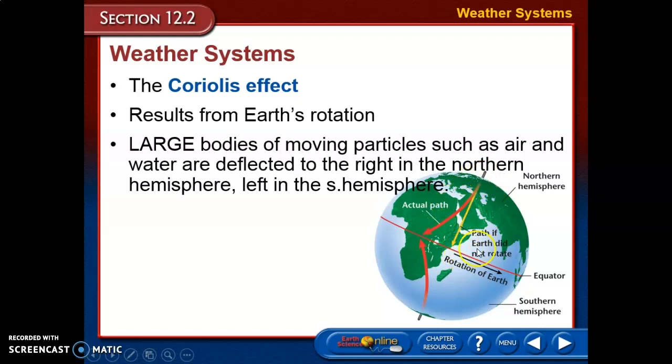Rise again, sink, come back to warmer areas. But it doesn't go nice and neat straight up and down because the atmosphere is gas. And because the Earth moves, it causes the atmosphere to kind of curve.